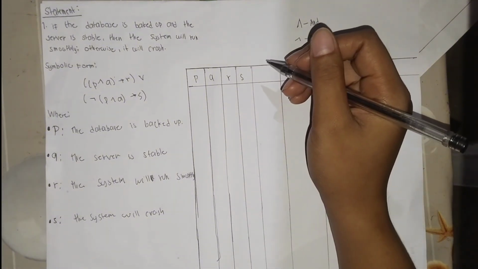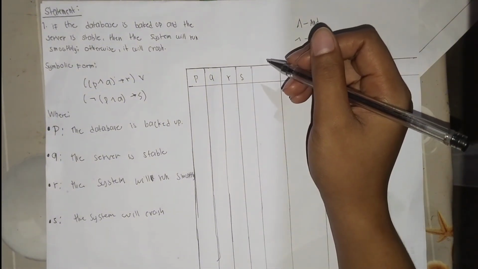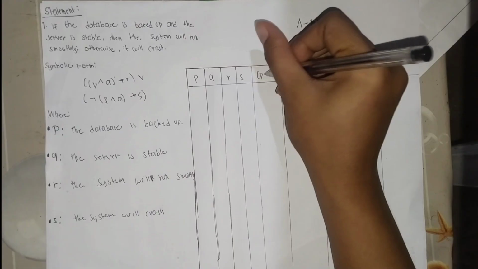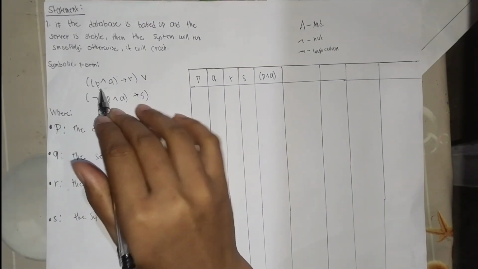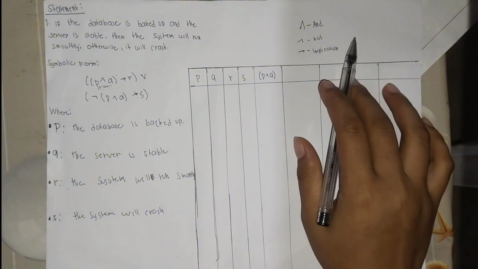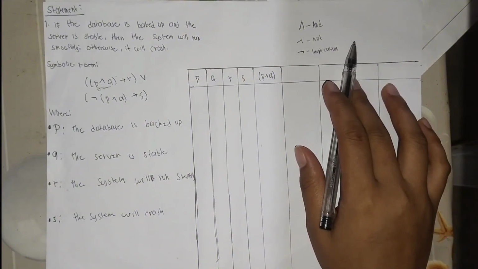Next is the column P and Q, because we have P and Q here. This calculates that P and Q is true only when both P and Q are true.